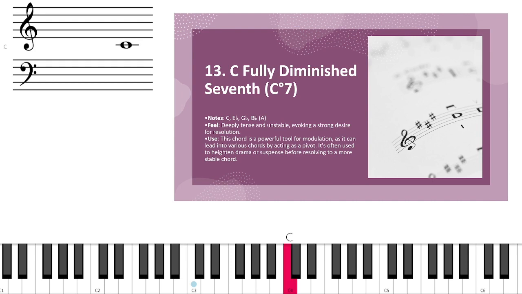Take the minor of C, the minor of E flat, the minor of F sharp, the minor of A, and you keep moving it up like this. Back at the beginning. And on and on.